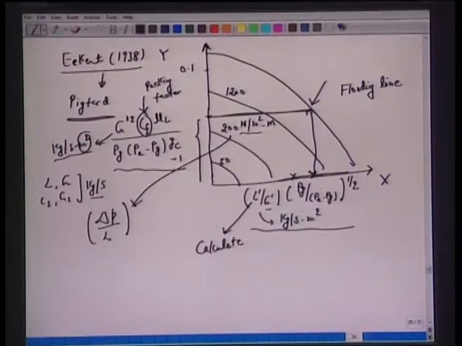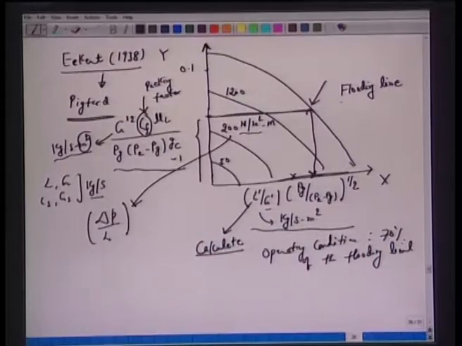So this will give us a limit for the flooding line, and here the pressure drop of course exceeds very high. Generally the operating condition is 70% of the flooding conditions, of the flooding limit.